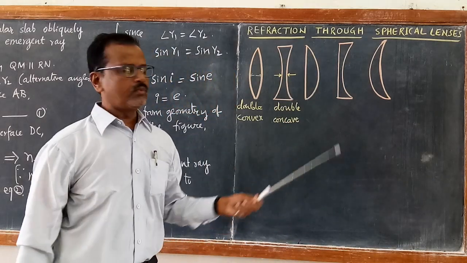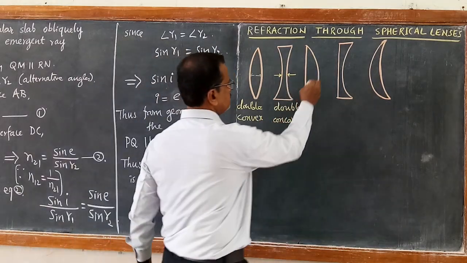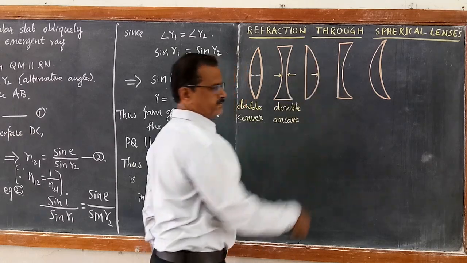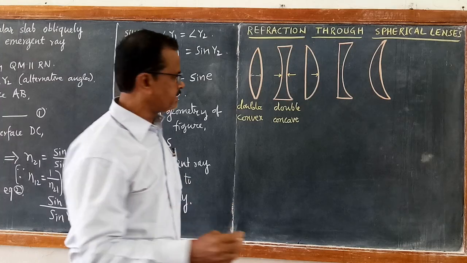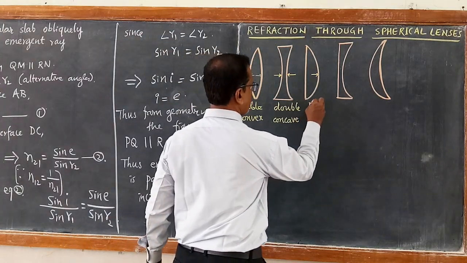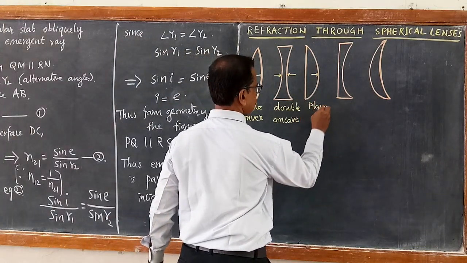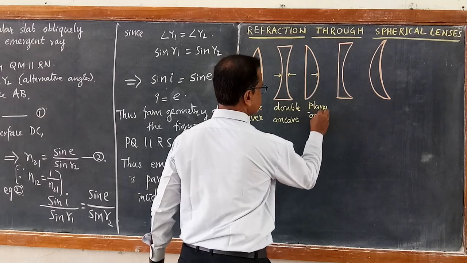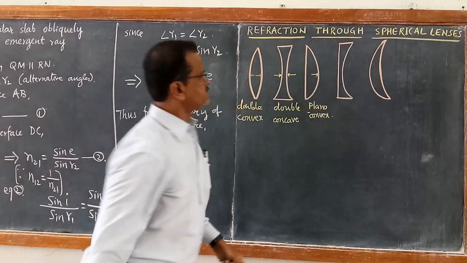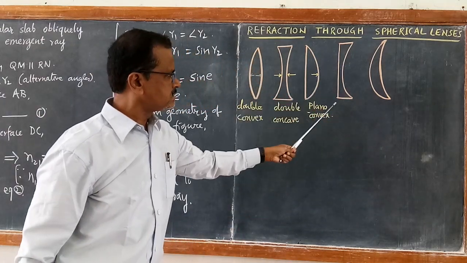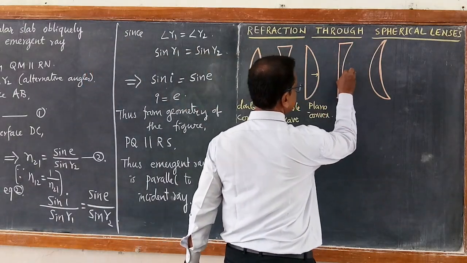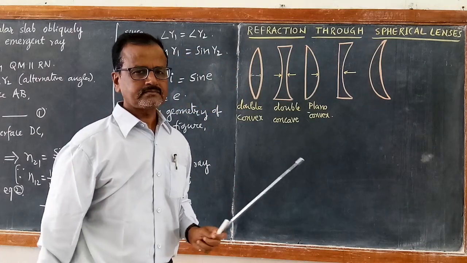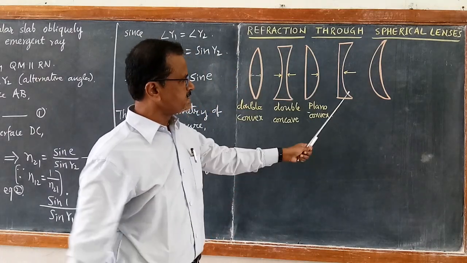And here you can see one surface bulged outside, another surface plane. It is called plano-convex. Similarly, one surface plane, another surface bulged inwards. Bulged inwards means it is concave.